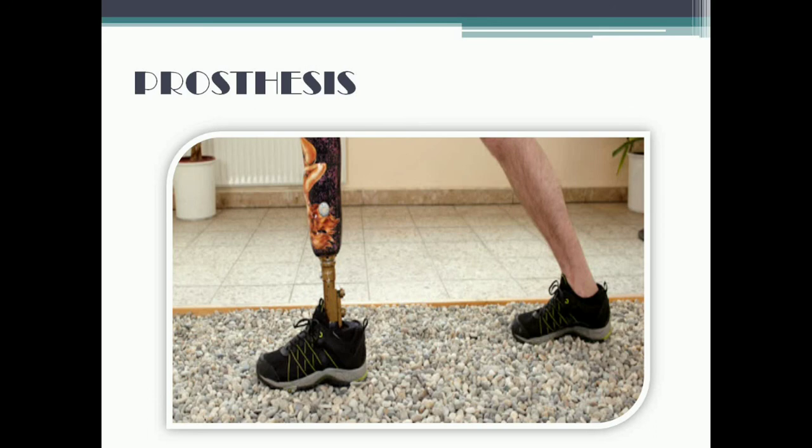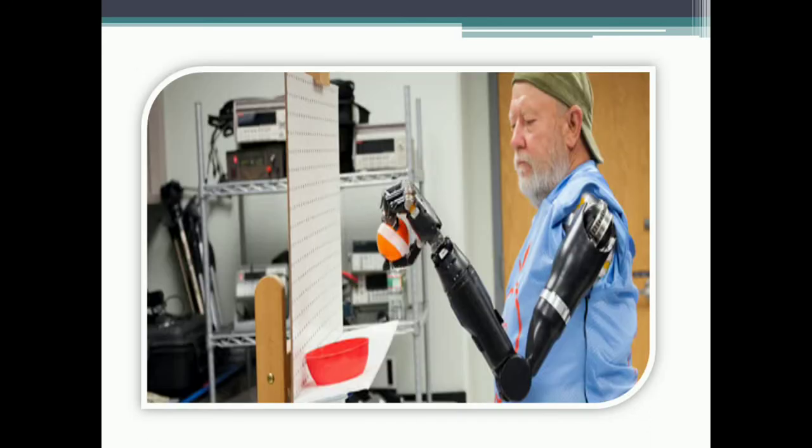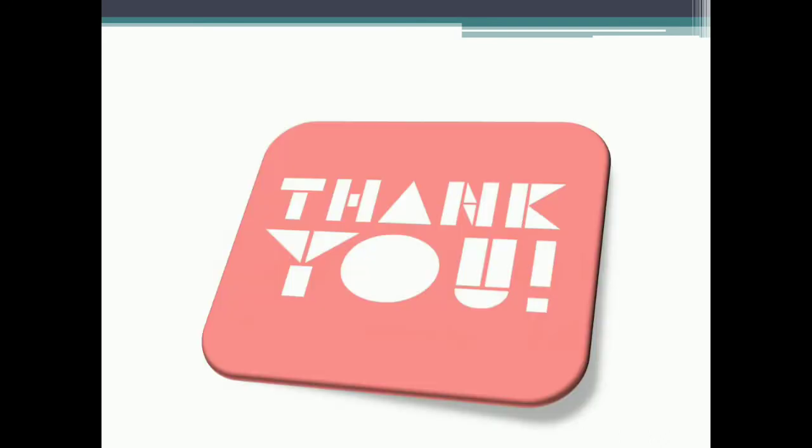You can see in this picture there is a leg prosthesis, and in this picture there is a hand prosthesis which does the same work as our hand used to do. You can do many works as you could do with your hand previously.